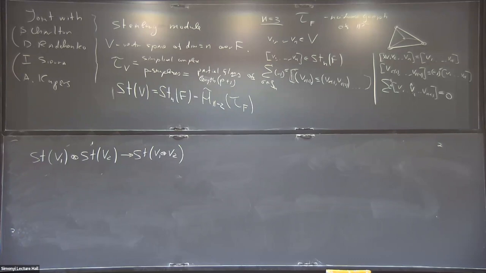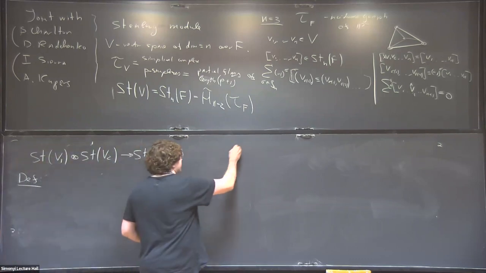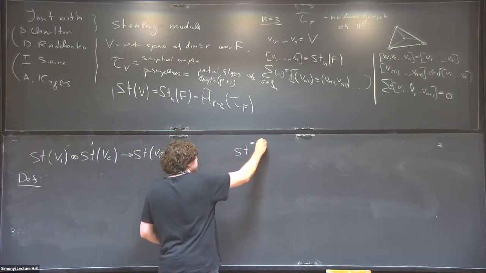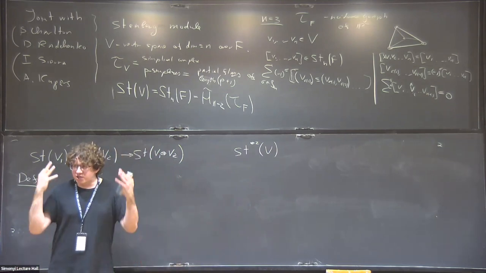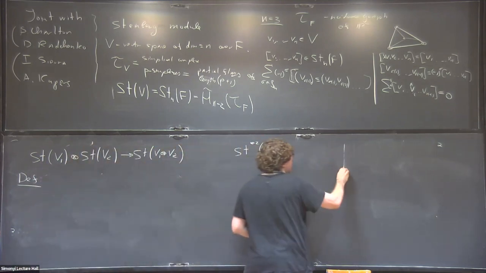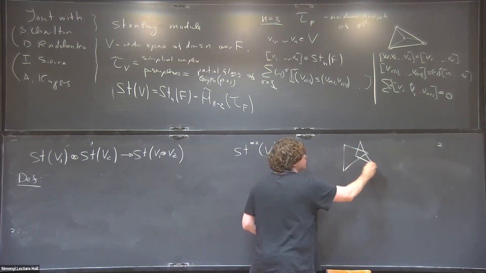So now I need a definition which is completely elementary, but can seem a little bit not particularly well motivated. You have this product map on Steinberg. You can of course just take a tensor square of the Steinberg module, which will be important in the talk. A geometric picture to have in mind is a pair of simplices in projective space.